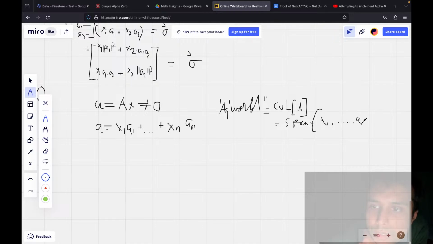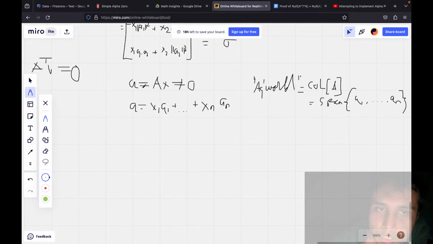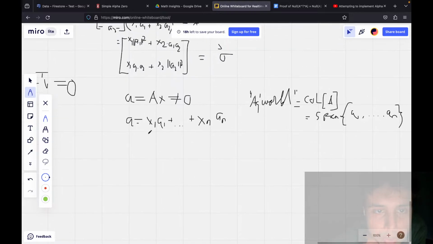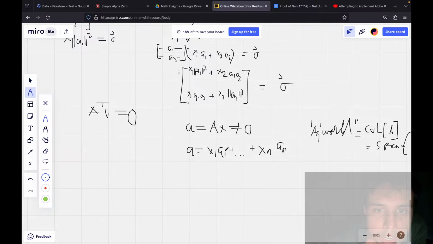The whole point is that when you take Ax and get a, a is in A's world. That is, a is some linear combination of all the a_i.